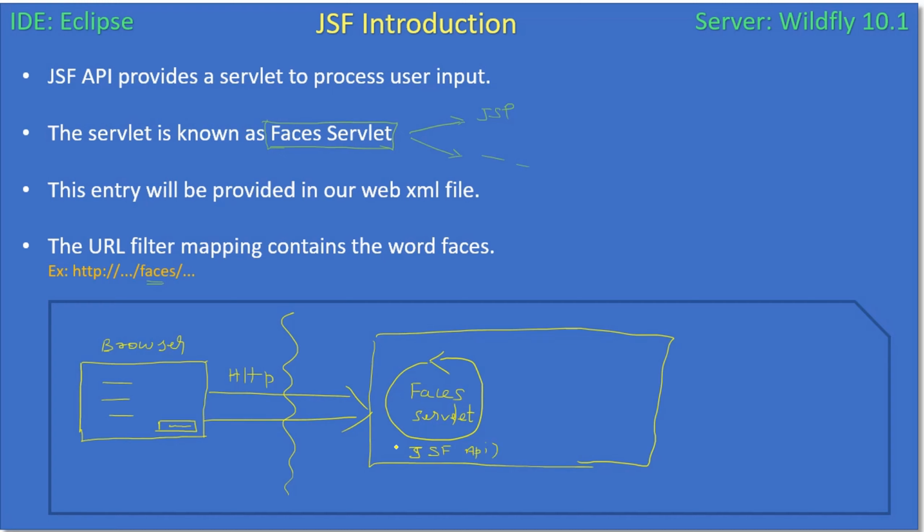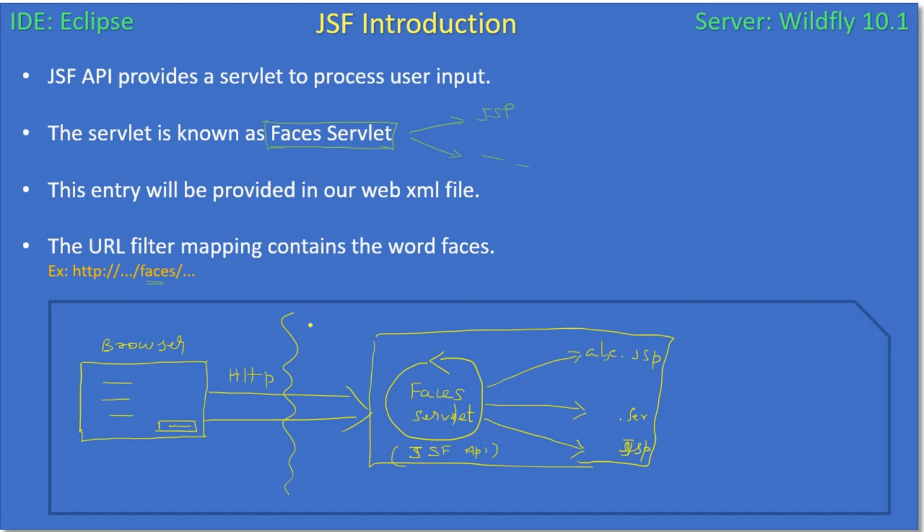So it will be part of the JSF API, and then this faces servlet will do all the user processing. Then it will redirect the call to some other file which is part of the URL, say abc.jsp, some other servlet, or some JSP.